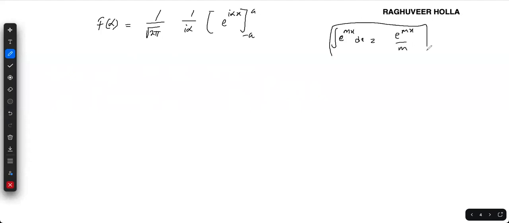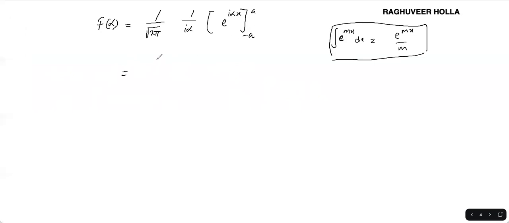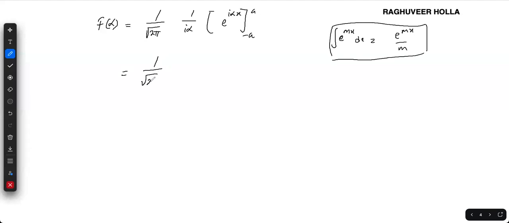Here m is I alpha. So which is 1 by root 2 pi into 1 by I alpha, e to the power of I alpha a minus e to the power of minus I alpha a.